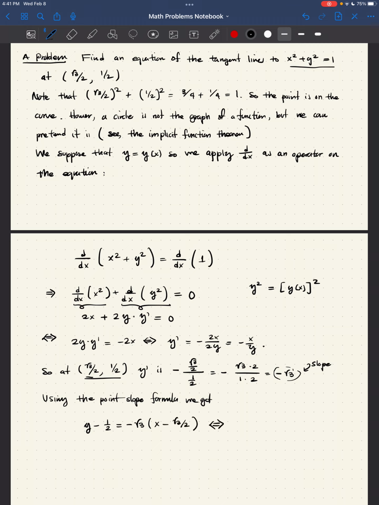Of course, we can have an equivalent description as follows: y is equal to negative square root of 3 times x plus 2. And whichever description you prefer for an equation of the tangent line to this circle at this point.